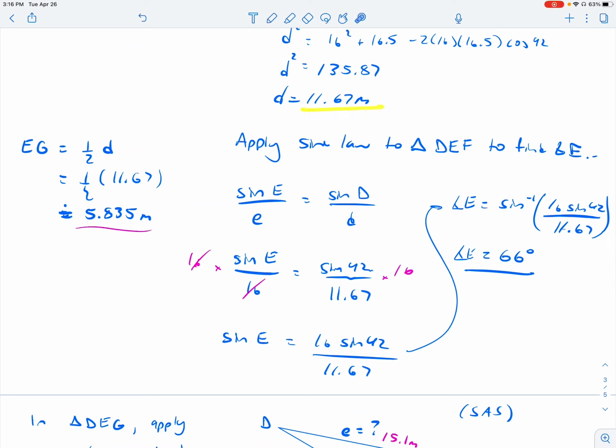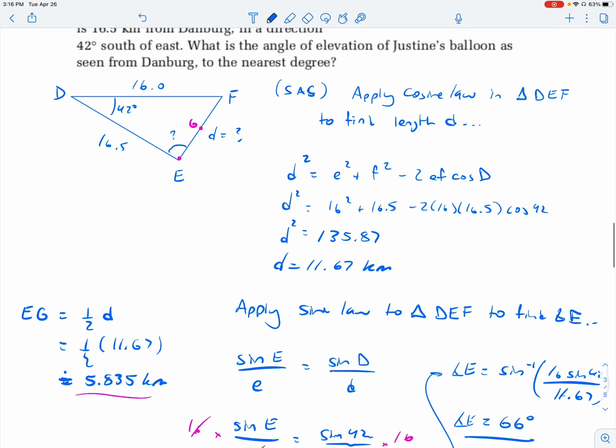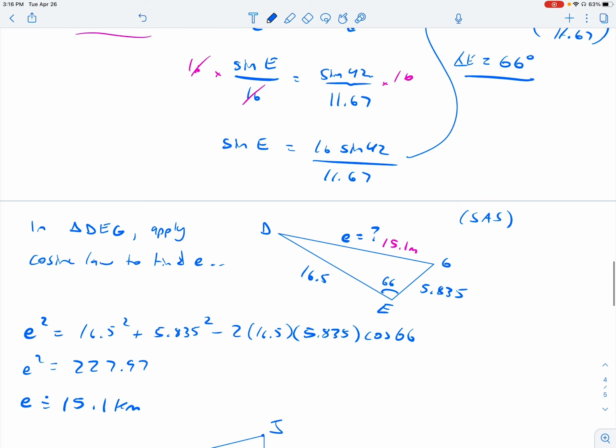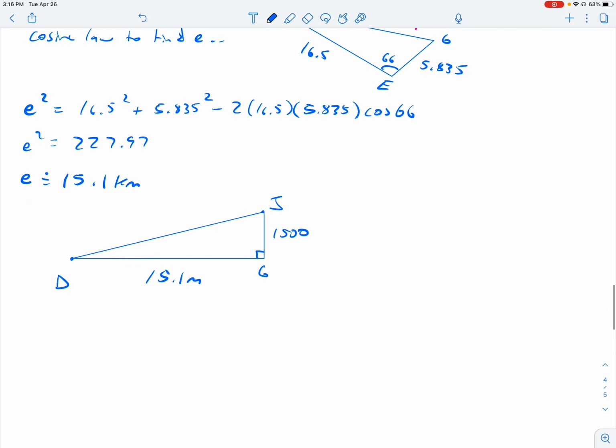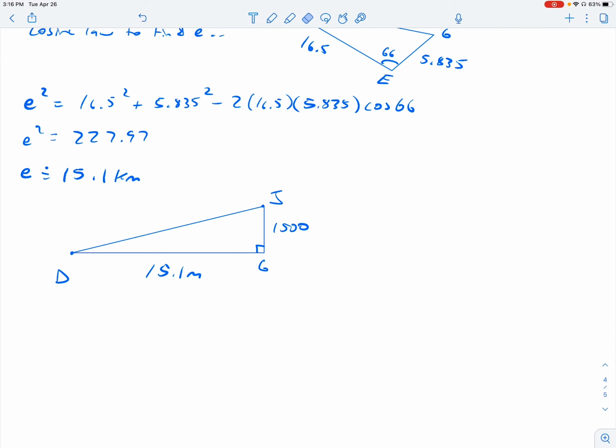All these distances I calculated, I wrote them in meters. They're actually kilometers. We'll have to quickly change that. This one too. Okay, those are km. This is 15.1 kilometers.